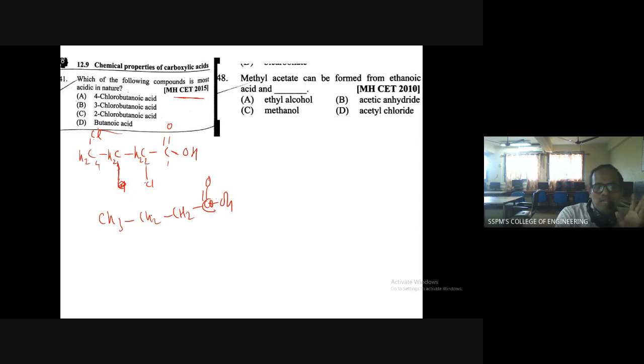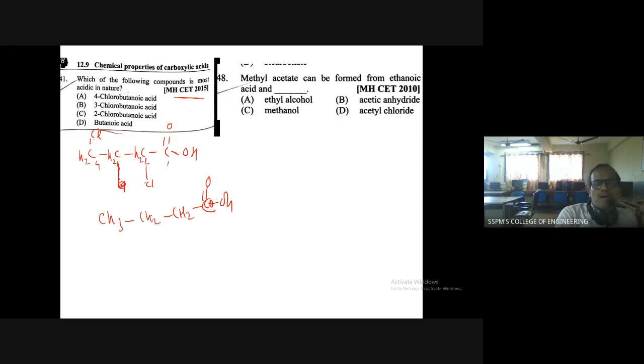आता 3 कंपाउंड मध्ये काय कॉम्पिटिशन आहे? All 3 compounds are chlorobutanoic acid only, but position of chlorine is different. In case of A compound, position of chlorine is at 4th carbon. A compound means this chlorine is far away from acidic proton.